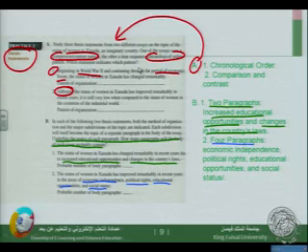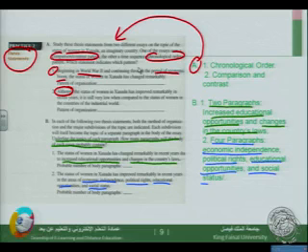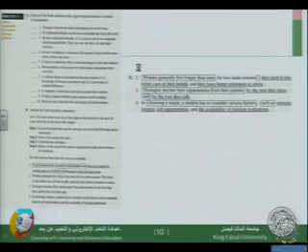Okay, so we have here 4 paragraphs: economic independence, political rights, educational opportunities, and social status. So from the thesis statement you can expect how many paragraphs you need. Okay, how many paragraphs you need. So please do it again by yourself. Okay, this is for the thesis statement.